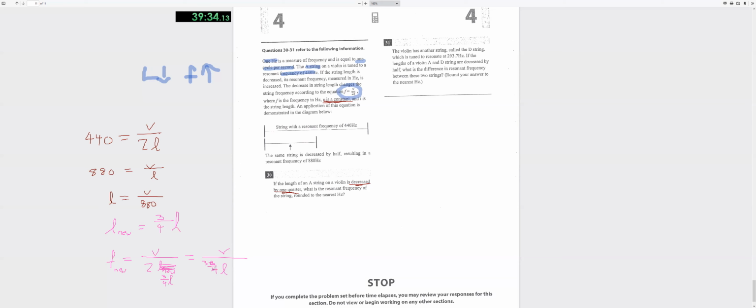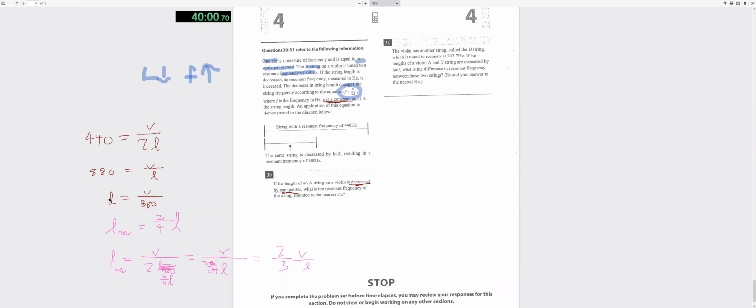So 3 over 2. I'm going to say that this is the same thing as 2/3 V over L. And you're looking at me going, how does that help? My answer is, I probably didn't write this in the most useful way. I'm going to back this up because we want to make this look like the old formula.